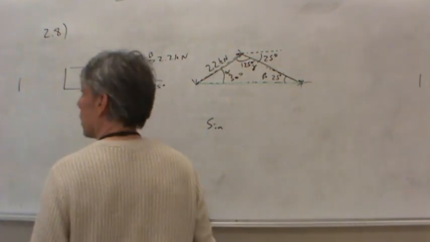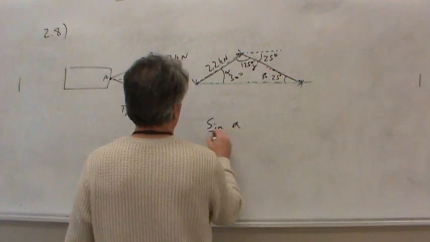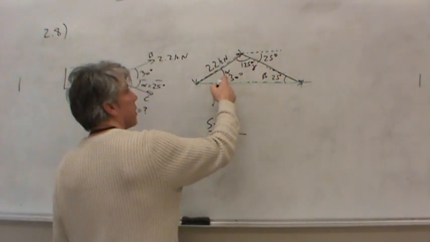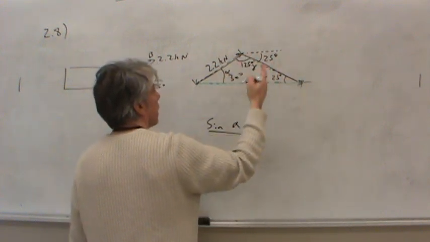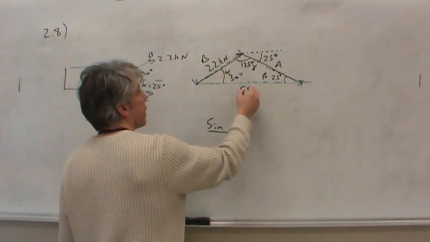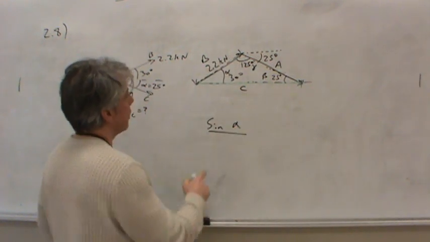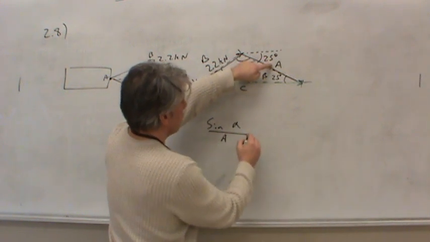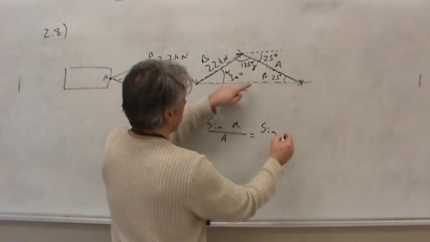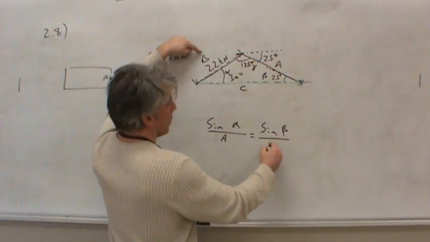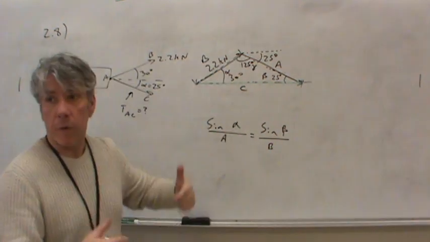So sine of alpha divided by what? Well, it's the side that is opposite the angle, so it's this side. Let me call this side A, this side B and this side C, and you'll see why in just a second. So sine of alpha over A should be equal to sine of beta divided by the length of the opposite side B. Understand that lengths now are going to be forces.